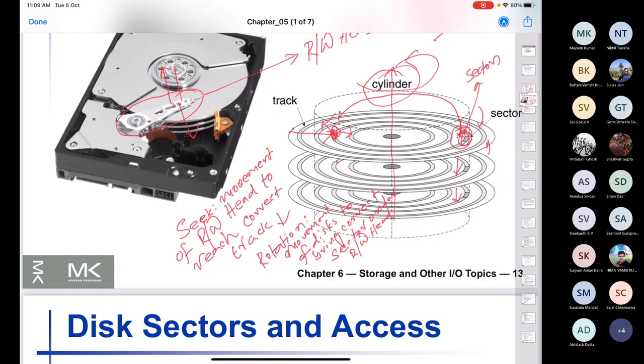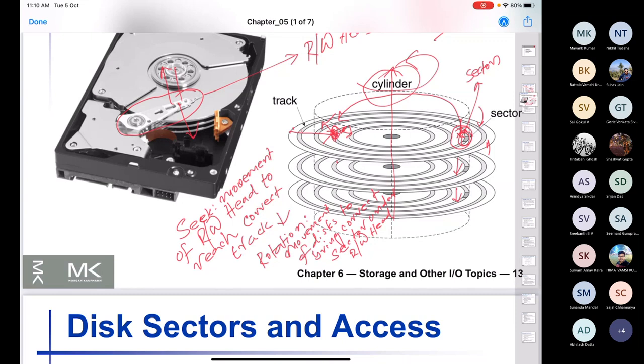Because if by chance this starting sector had been just by its side, then it would not need to rotate that much. If the starting sector had been exactly here, then it would not have to rotate at all. It needs to rotate when you read the data, but initially there is no latency. So it is completely a matter of chance, and it's an unpredictable delay.